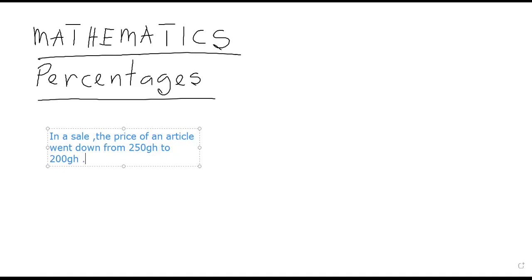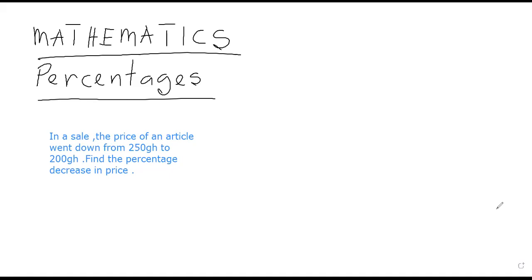Find the percentage decrease in price. So in a sale, the price of an article went down from 250 GH to 200 GH. Find the percentage decrease in price, okay?